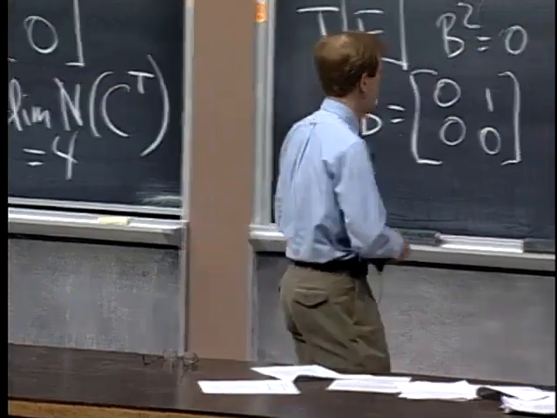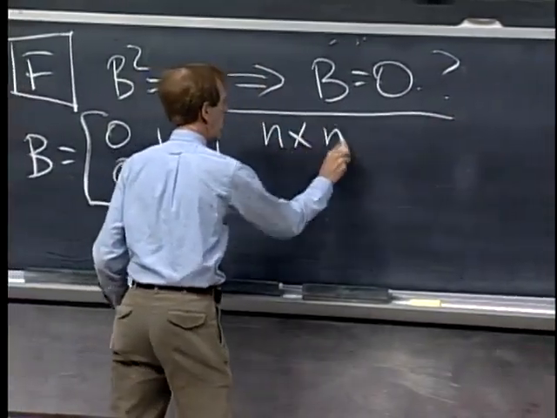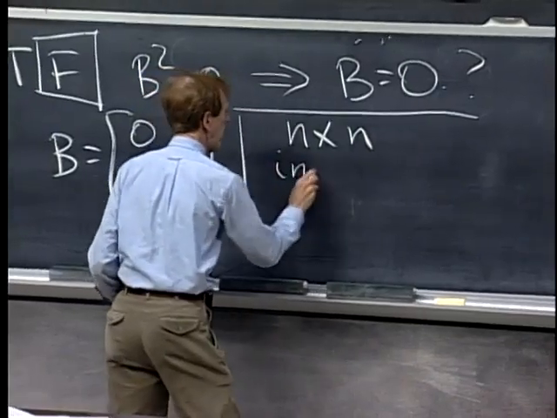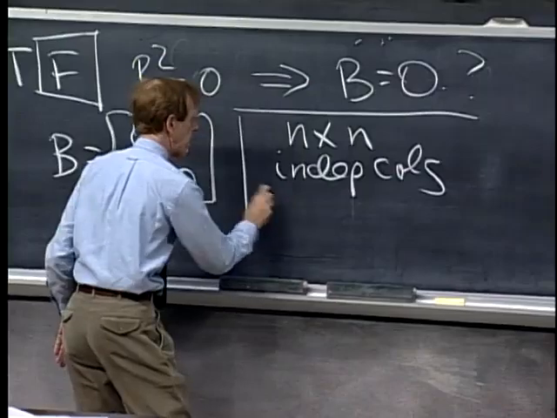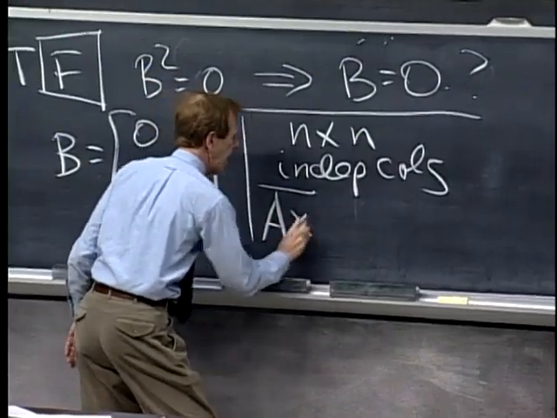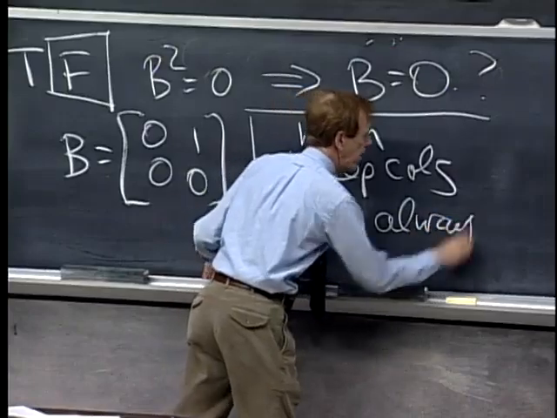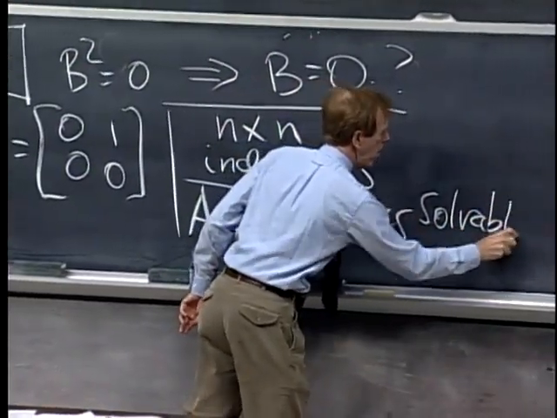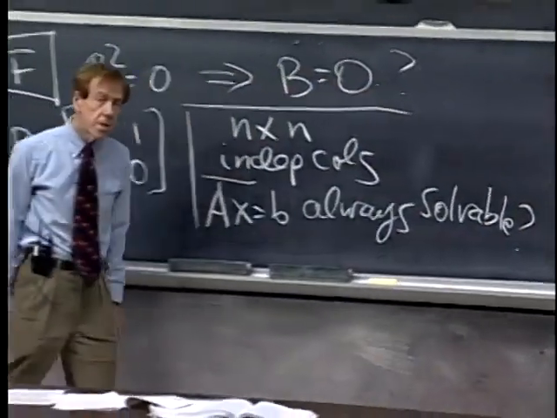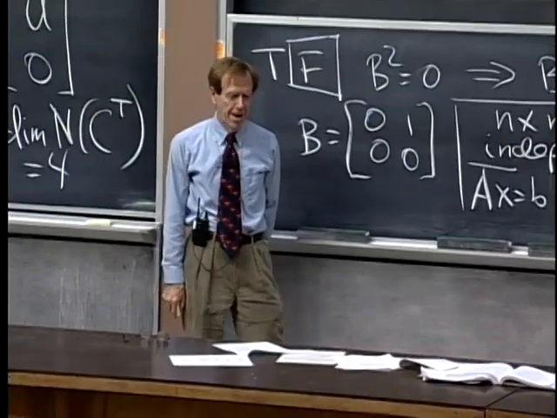I'll write it down for short: an n by n matrix with independent columns. Then the question is, does Ax equal b? Is it always solvable? And the answer is yes or no.